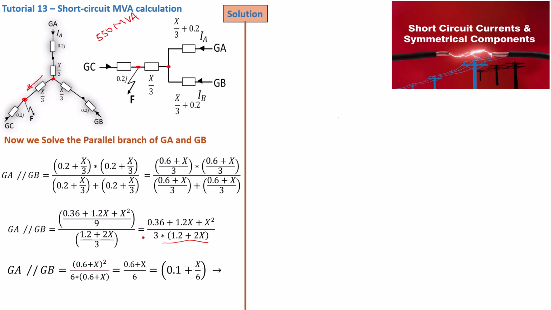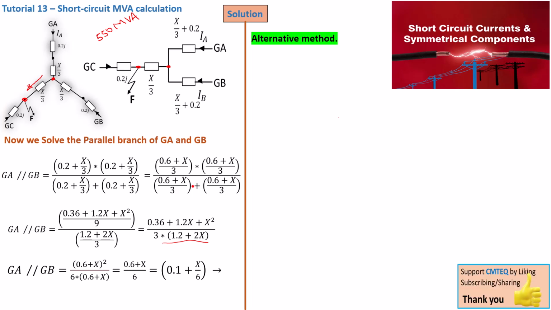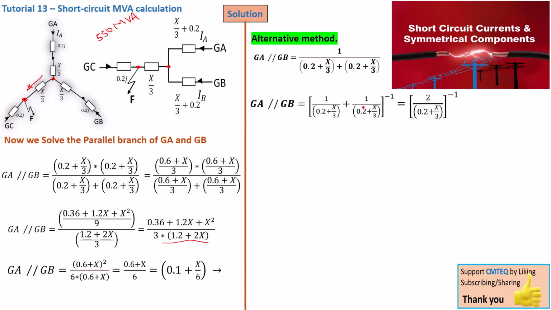But now there is an alternative method to the way of solving this parallel branch here, and that is simply by setting 1 over the sum of basically the two branches here, 0.2 plus x over 3 plus 0.2 plus x over 3, and from here you can basically invert your equations and calculate the sum.